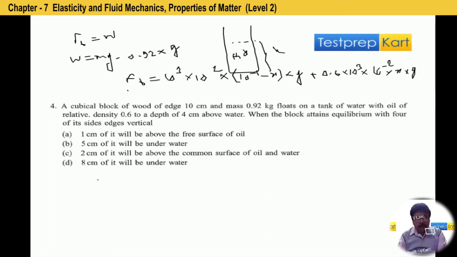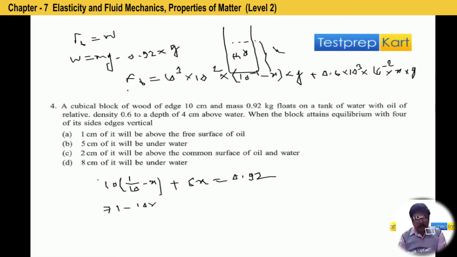So from this portion, what will be the value? It is 10 and 10 to the power negative 1 means 1 by 10. So 1 by 10 minus x plus 0.6x equals 0.92.